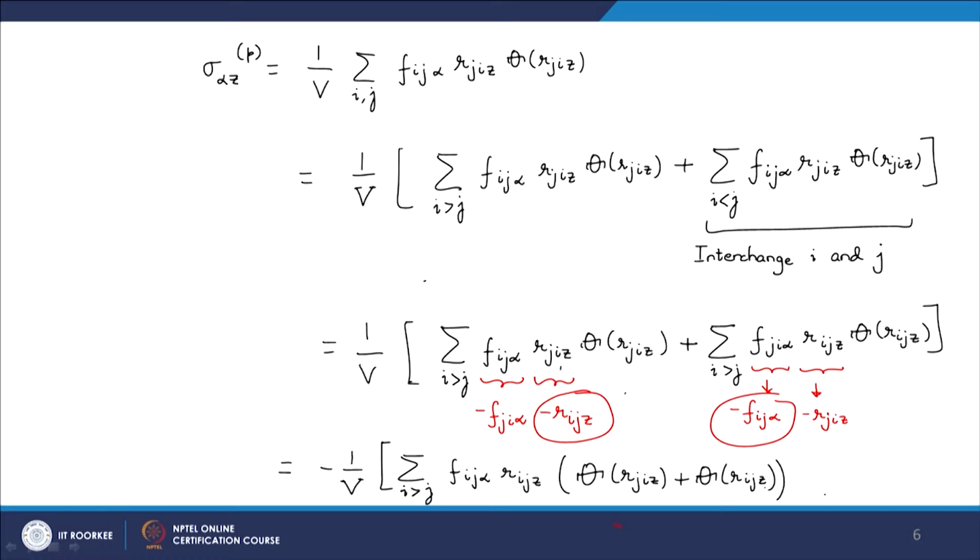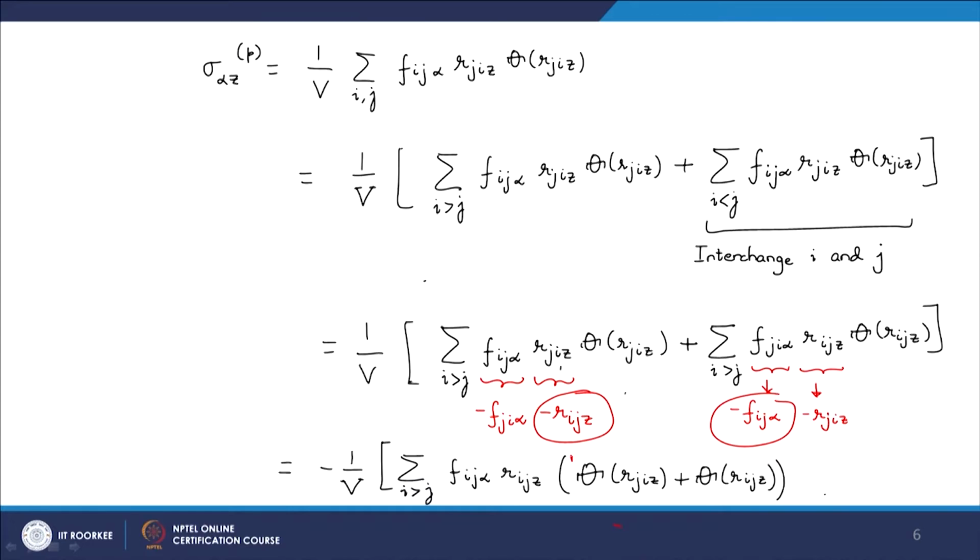Now the first theta function is equal to 1 when R_ji z is positive. The second theta function is 1 when R_ij z is positive, which means R_ji z is negative. So if I sum these two, essentially what I get is 1, because one of them has to be positive.